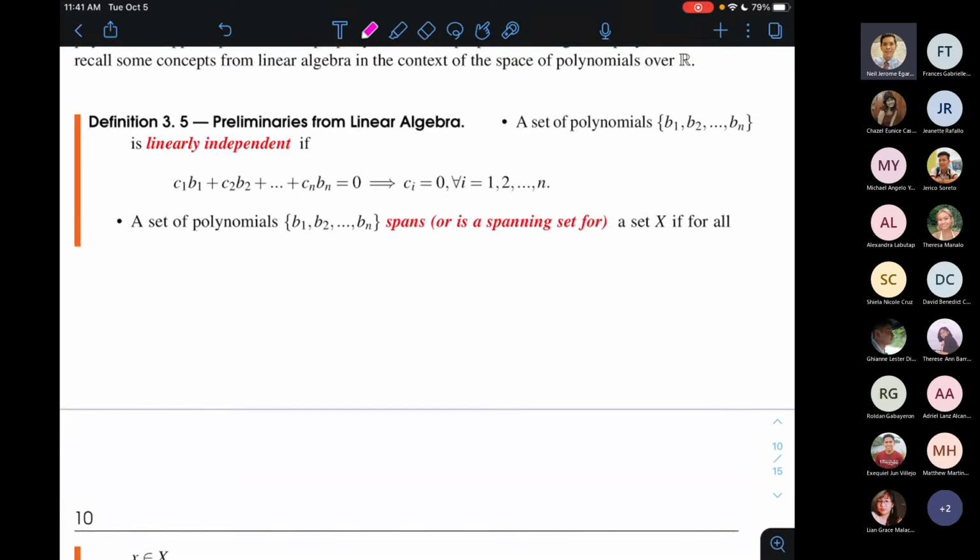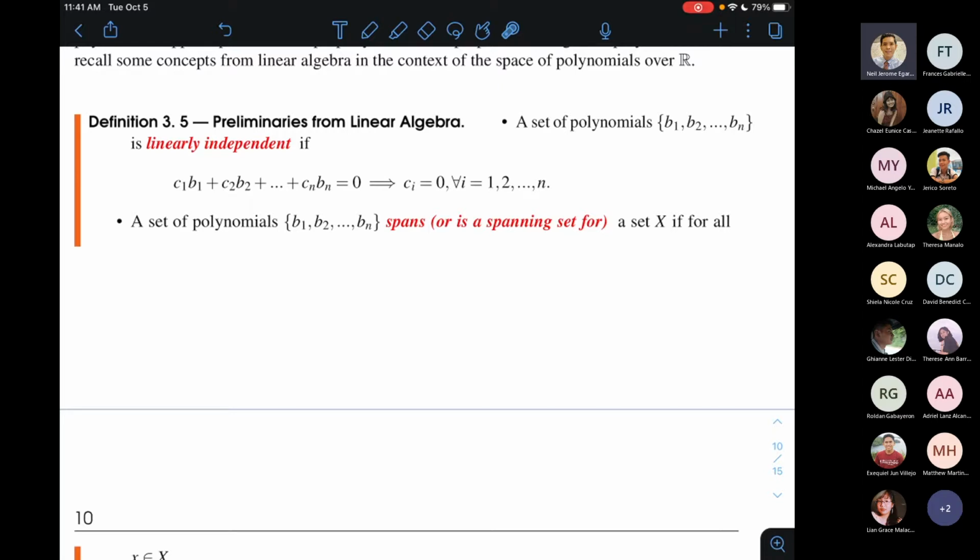But anyway, so yeah. Some topics that you might have encountered in previous linear algebra or matrix theory courses: linear independence. So kapag meron kang set, or in particular if you have a set of polynomials, then they will be linearly independent if the sum of their scalar multiples will be equal to the zero polynomial whenever the c_i's are all equal to zero lamang.